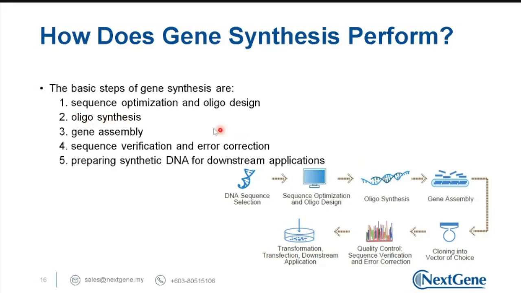Then we try to assemble and join all these short oligos together into a longer fragment, which is the gene of interest. After the assembly, we will perform sequence verification and error correction. This can be achieved by using technology like sequencing. And next, we will be able to produce the synthetic DNA and deliver it to the user for downstream application.